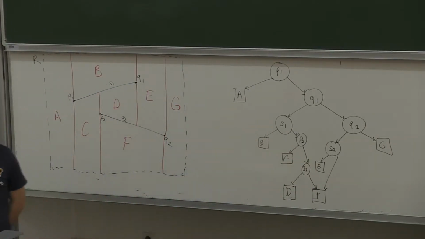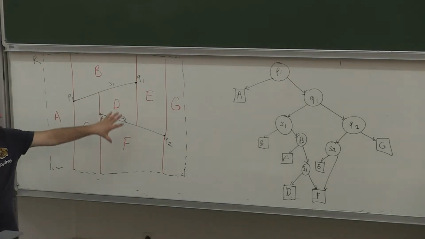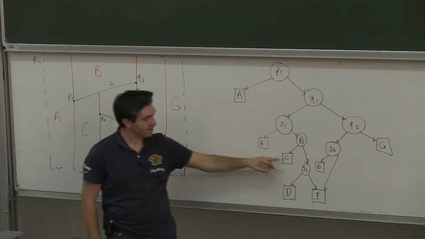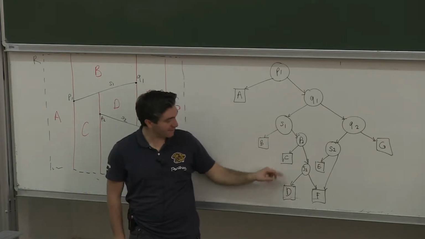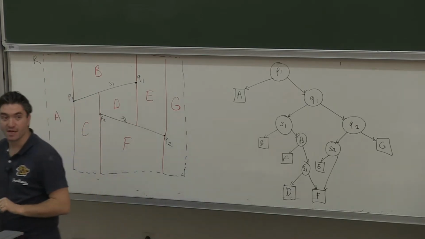This is an example search structure for this trapezoidal map. The trapezoids appear at the leaves of this search structure.